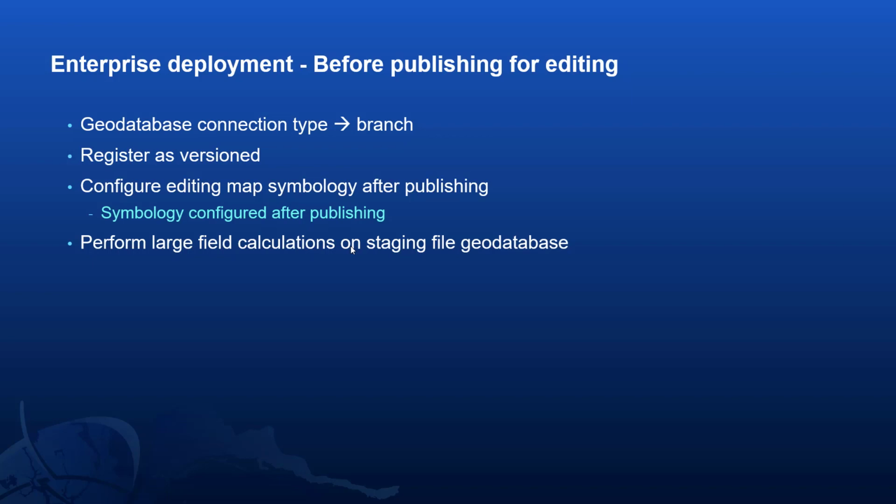And a file geodatabase can handle millions of parcels. We tested it, and it works well, and you have that freedom to do so, and it's faster. Imagine that if you calculate a field in a version, then you have millions of features to reconcile and post to default. That's, of course, an unnecessary overhead as well.